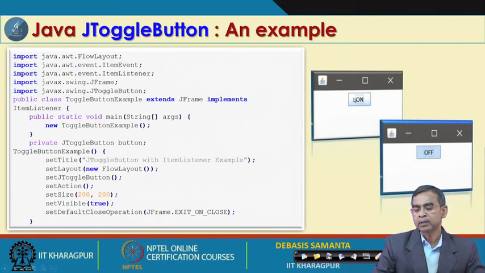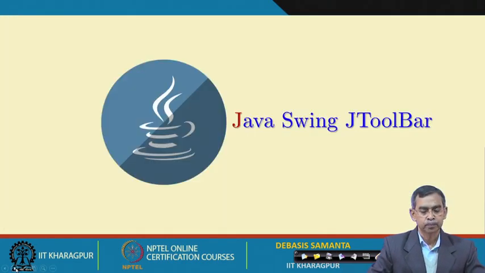If you click it here, automatically on will be toggled to off, and whenever it is off, clicking it toggles it to on. So, toggling occurs whenever an event occurs, and then the button value will be set automatically accordingly, and that value will be used for some other requirement in your program.